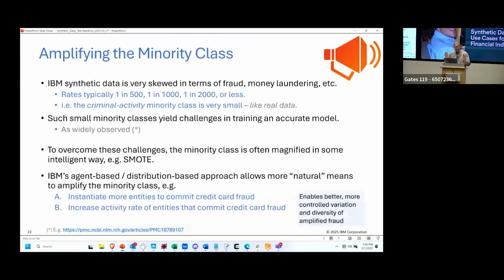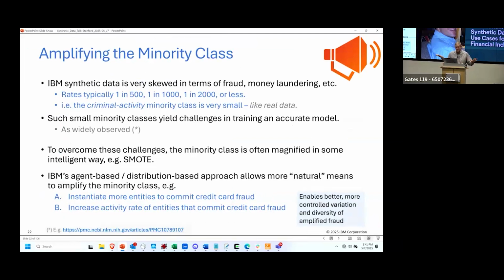And so the criminality aspect is one part of that. The criminality, which is what I mean here by minority class, is very skewed. So for things like money laundering, maybe 1 in 1,000 or 1 in 2,000 or even less transactions involves money laundering. Well, that makes it very hard for an AI model to separate out the bad money laundering stuff from the real stuff. And so it makes it hard to train accurate models.